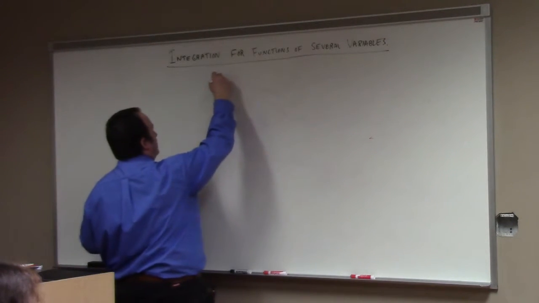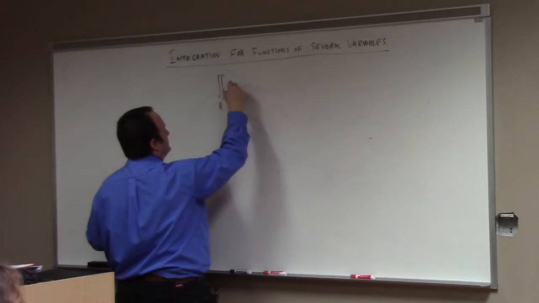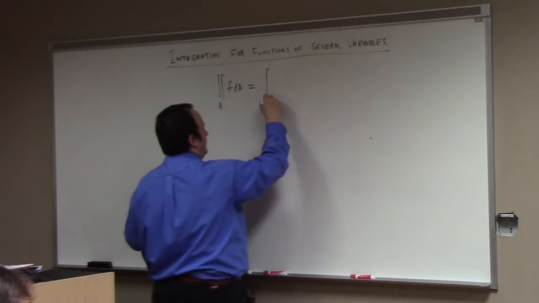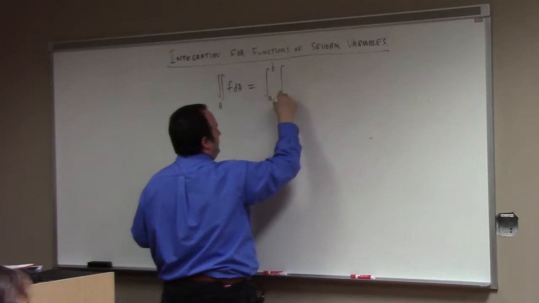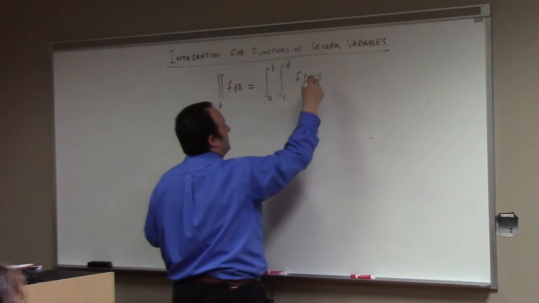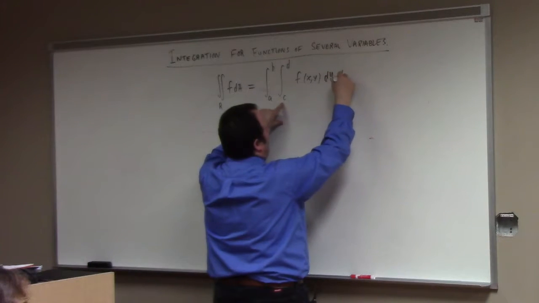So for the rectangle that we just looked at, you can do it one of 2 ways. You can integrate from a to b, and then integrate from c to d, f of x, y. So it's inside out. So this goes dy, dx.